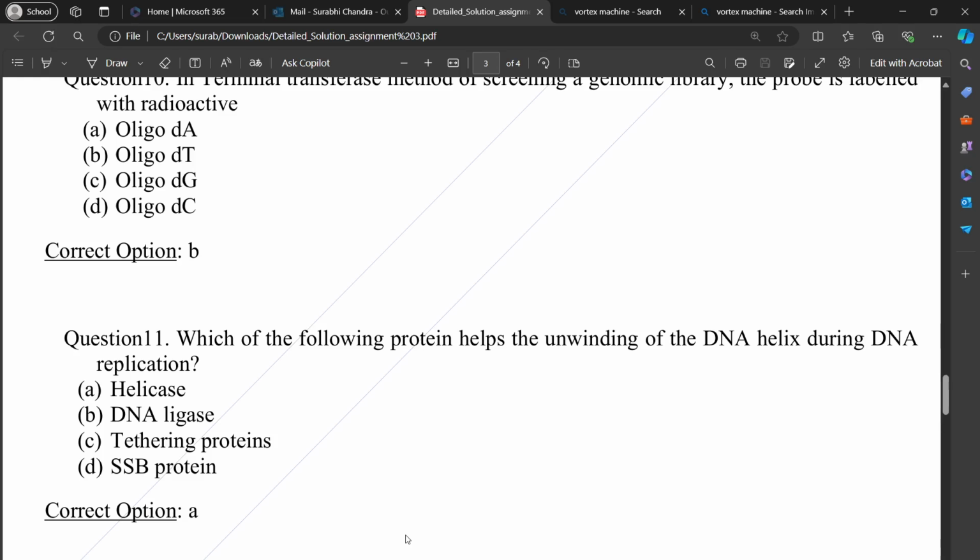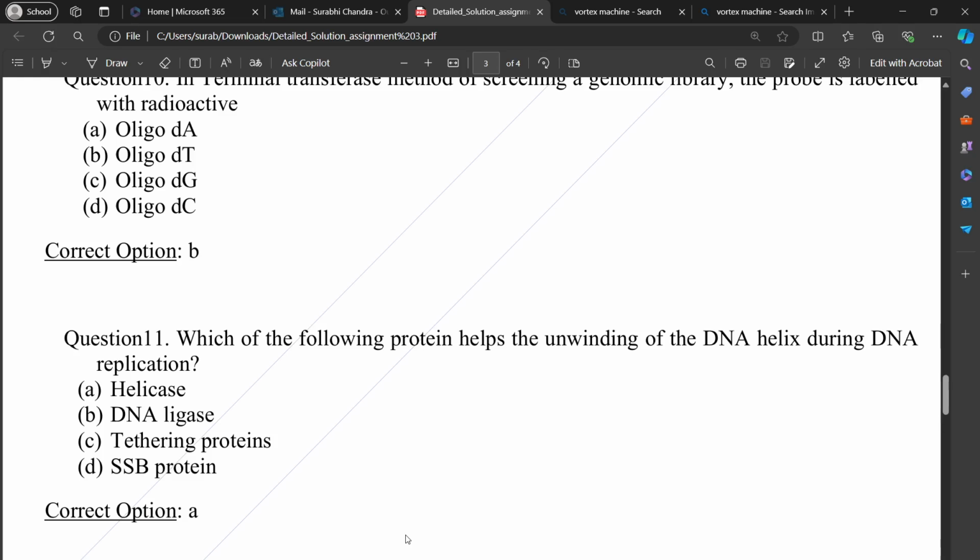Tethering proteins. Does anyone remember what tethering proteins were used for? Actually, the tethering proteins stabilize the polymerase, which are kind of accessory proteins.